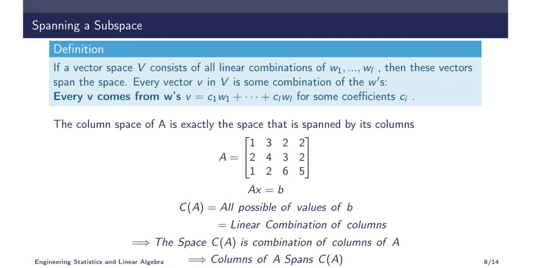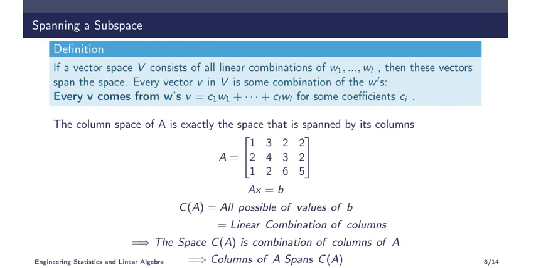Now the second definition what we want is here. So this is clear about linear dependency, independent and dependent combinations. Now the second definition is spanning a subspace. This is simple. A vector space V consists of all linear combinations of W1 to WL.